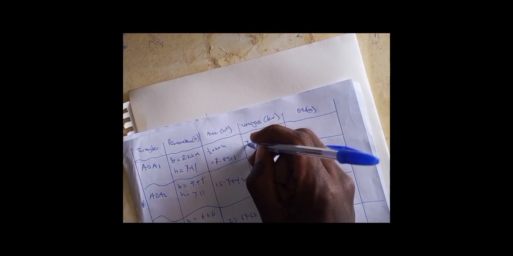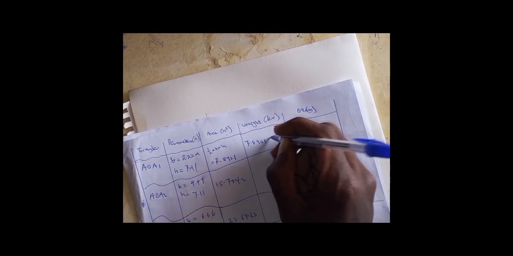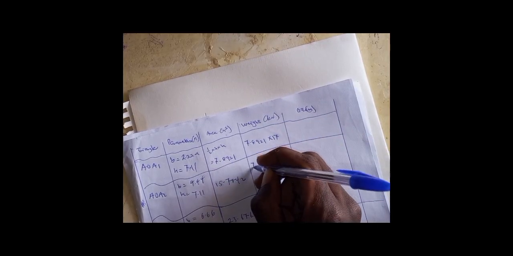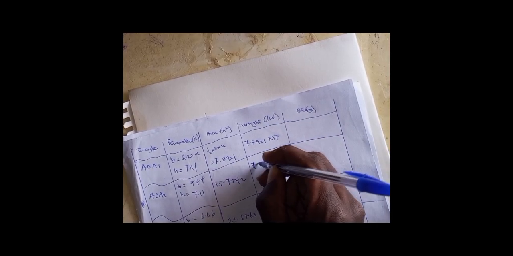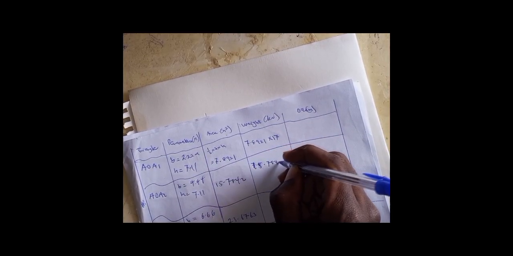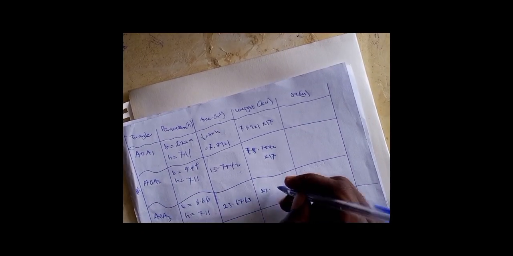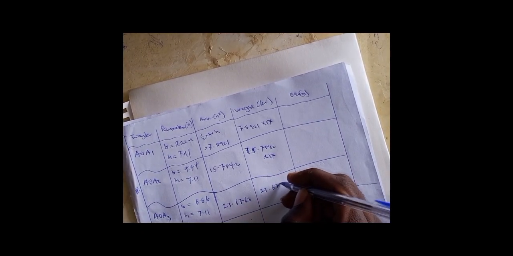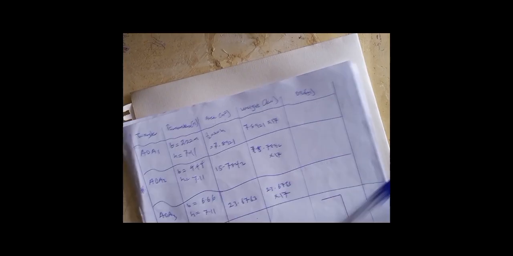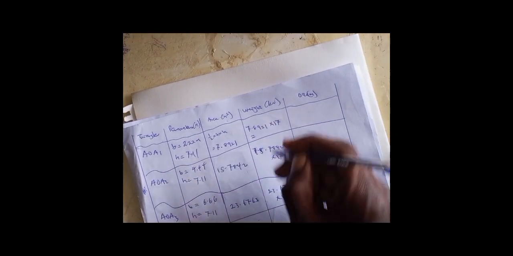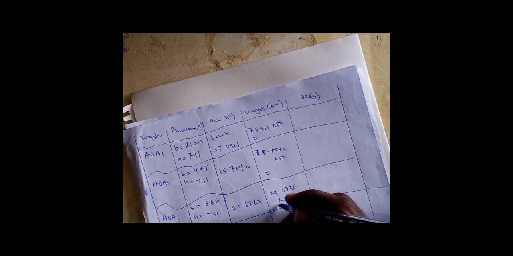So I have 7.8921 by 17, 15.7842 by 17, 23.6763 by 17, right?